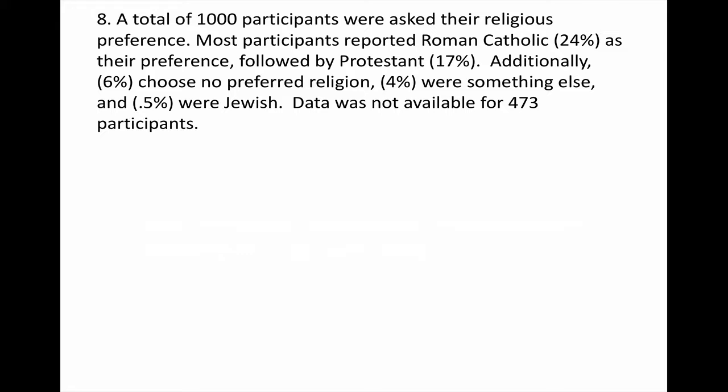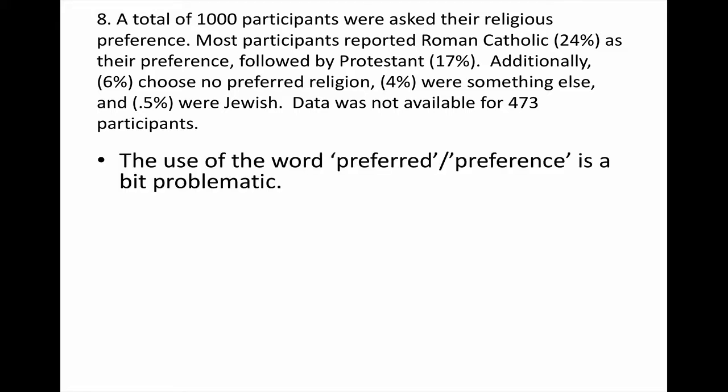Okay. What do you see here? Well, again, the use of preferred or preference is a bit problematic. A total of 1,000 participants were asked their religious preference. Most participants reported Roman Catholic as their preference.